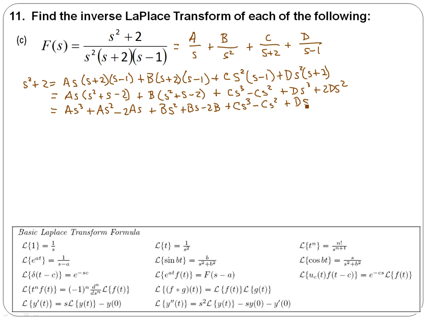And then our next step is going to be to equate the coefficients, and so I want to combine my like terms. Start with my s to the third terms. Factoring out s to the third, I get a plus c plus d times s to the third. And then my s squared terms.